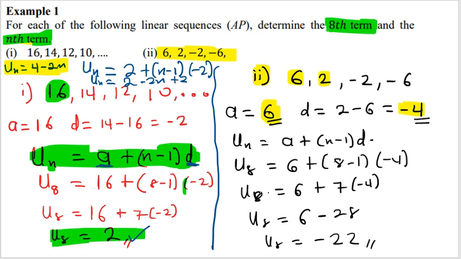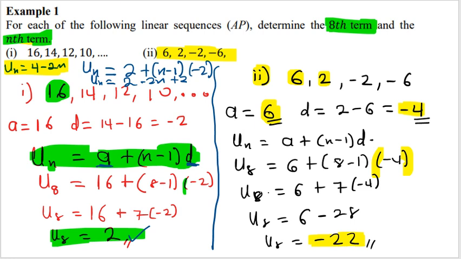Our A is 6. We are finding the 8th term, so n is 8 minus 1, then multiplying the common difference, which is negative 4. By simplifying this, we will get our 8th term to be negative 22.